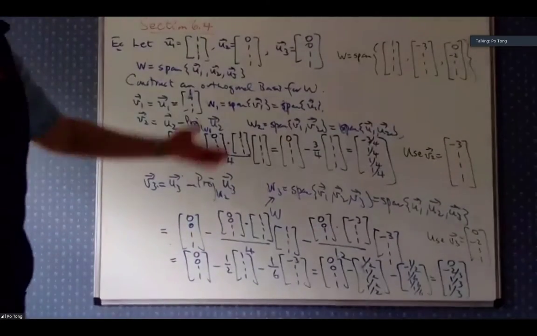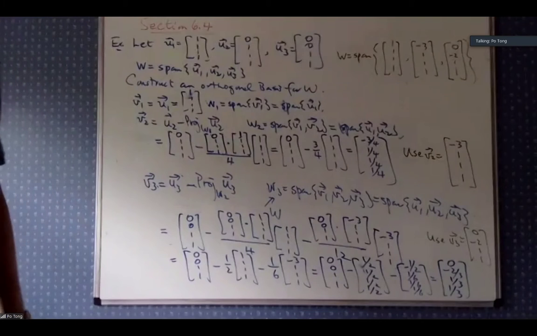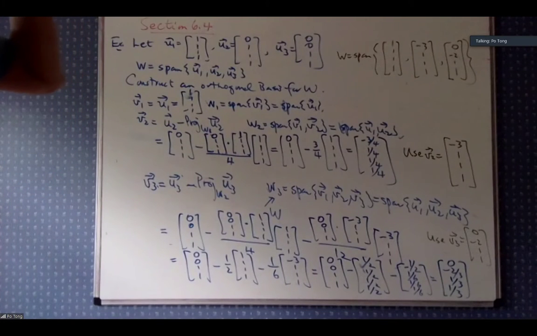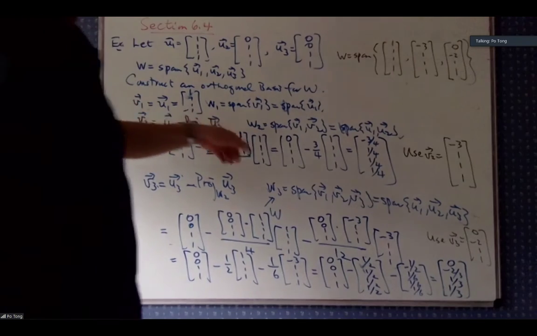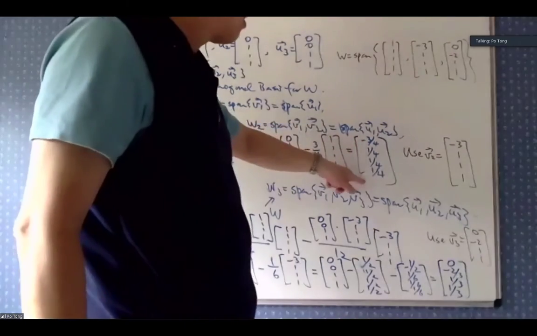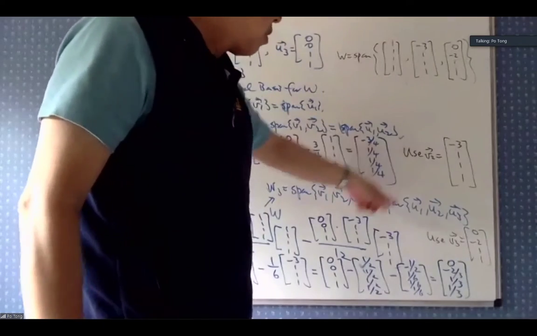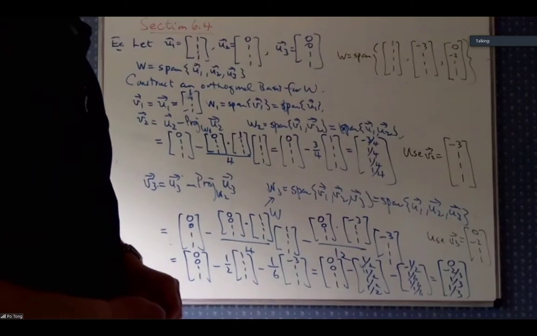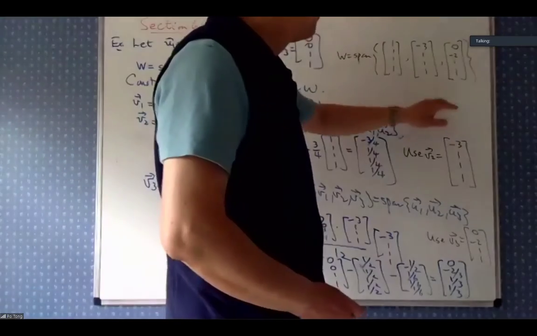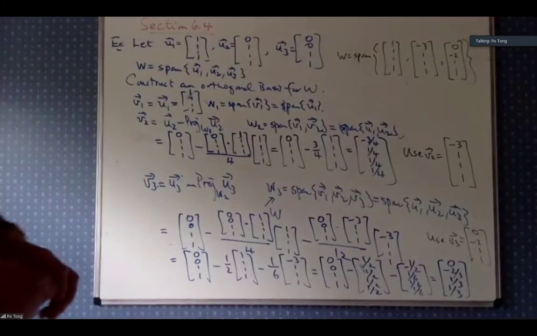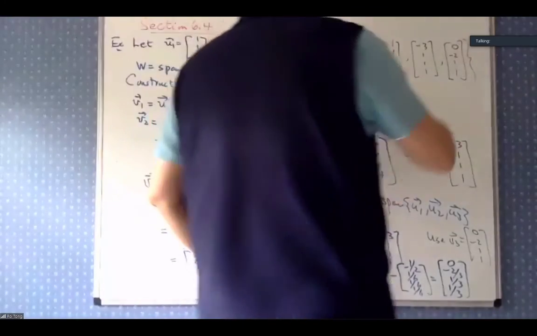So this is the procedure demonstrated by an example. You can actually scale the stuff. Once you get this result, you can scale it to make your calculation easier. Okay? So you end up with this. So this one is now an orthogonal basis.